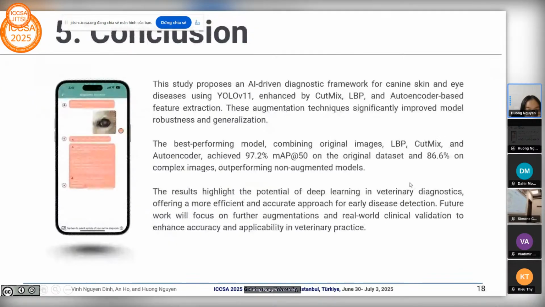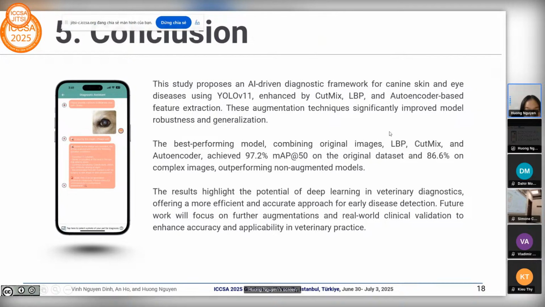And so after analyzing the results and key findings, let's wrap up with a quick conclusion. In this study, we proposed an AI-based diagnostic framework for canine eye and skin disease using YOLO version 11 in combination with three key techniques: CutMix, LPP, and autoencoder.